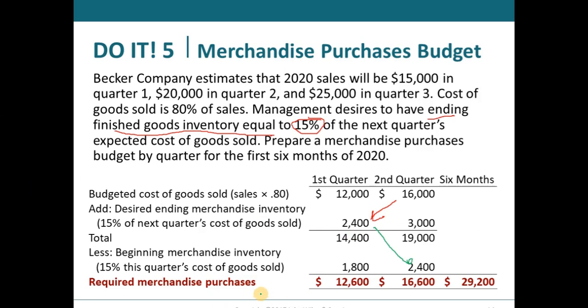Required merchandise purchases for the first 6 months is 29,200.